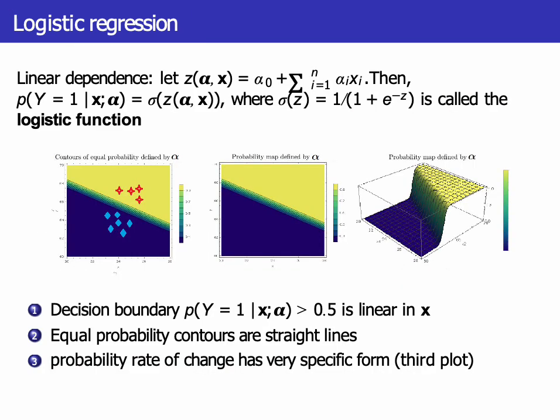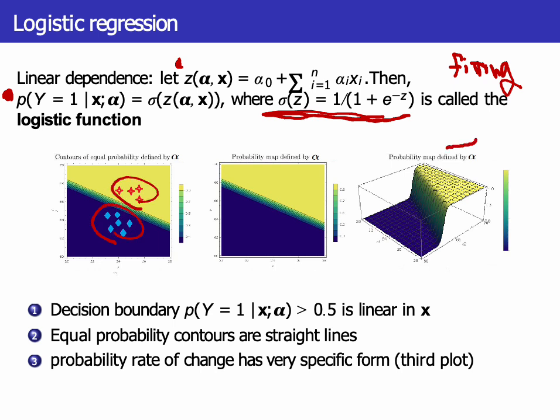So logistic regression: this is a linear dependence, and this is the logistic function, and what you do is just fitting to train your model on data. The logistic function will give you 0 and 1.